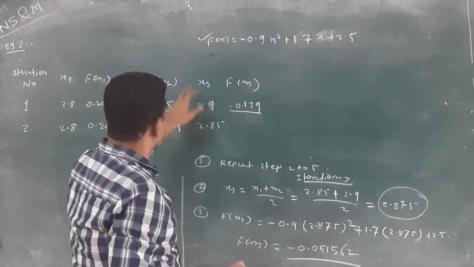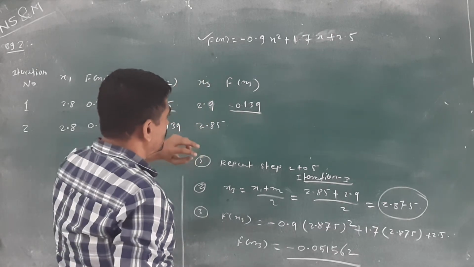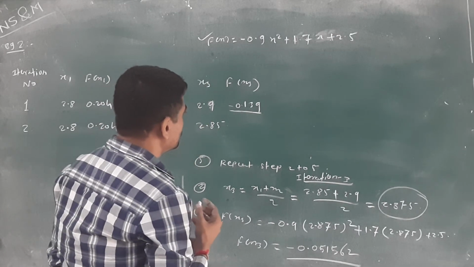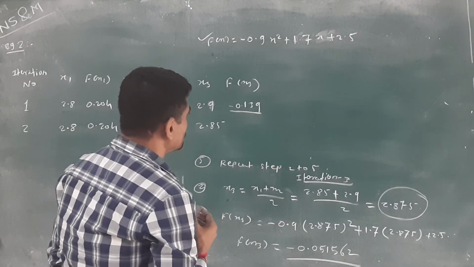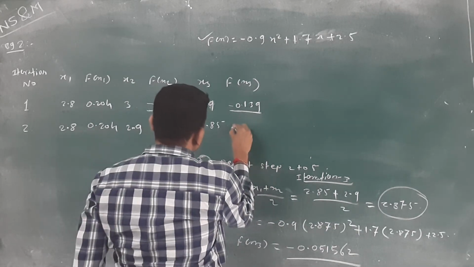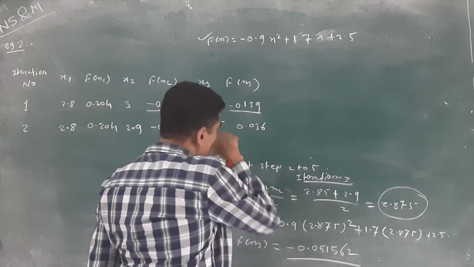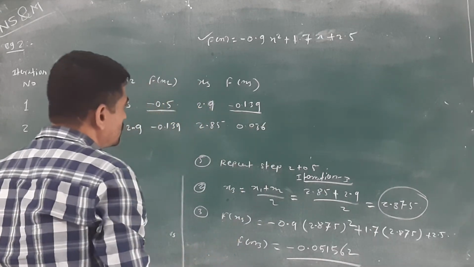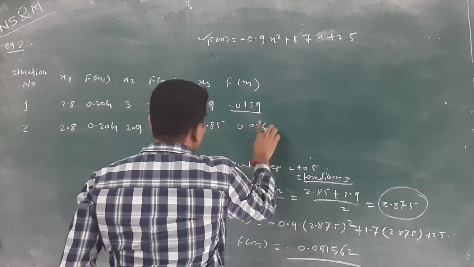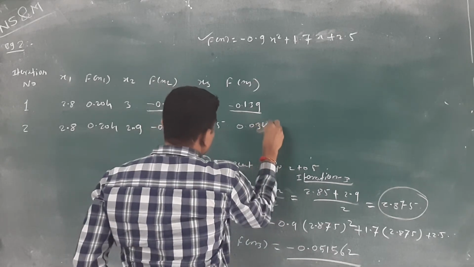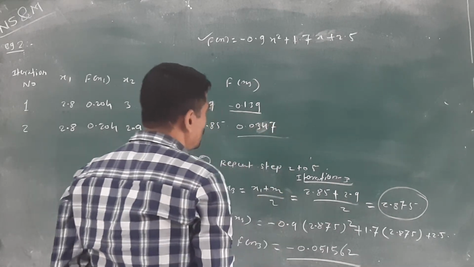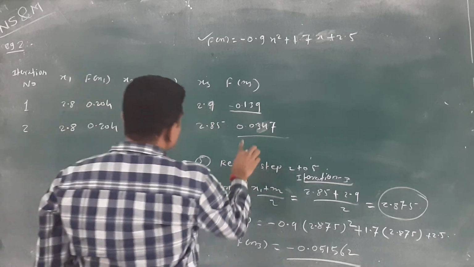When you put this 2.85 in that equation, you will get 0.036, or you can write up to three digits, 0.0347. This one you will get as a positive value.